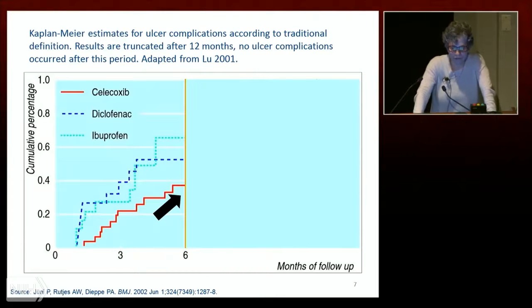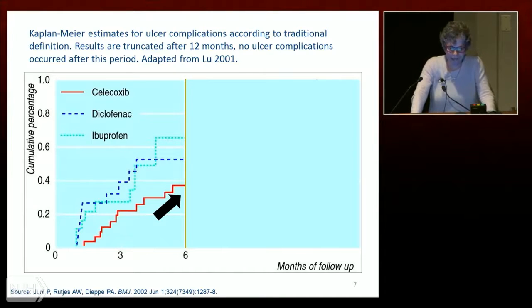Here's a sort of infamous example. There were a few scandals that instigated the current, the modern phase, if you will, of trial reporting. This was a study of celecoxib, otherwise known as Celebrex, compared to other NSAIDs, looking at the propensity to cause ulcers.